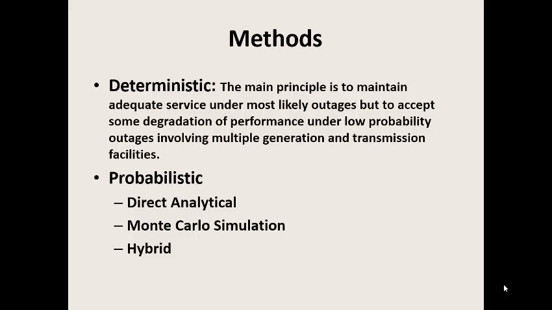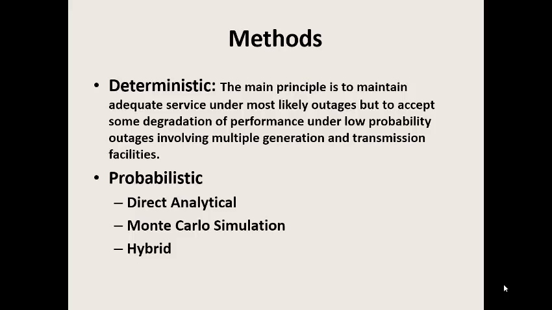A famous one is the N-1 criterion. You can postulate that the power system will not suffer in reliability, supposing one transmission and one generator fail, or one transmission and two generators fail, and so on. So this kind of analysis would be the deterministic analysis.